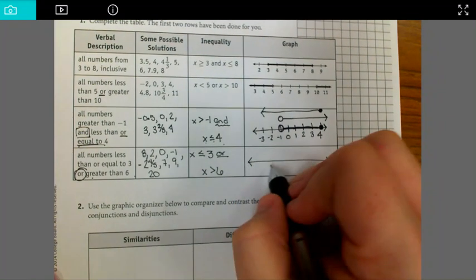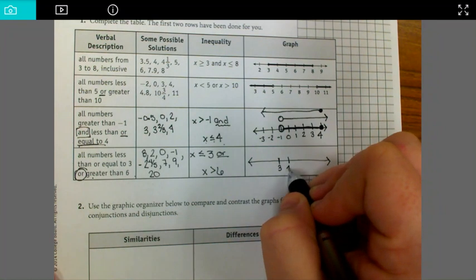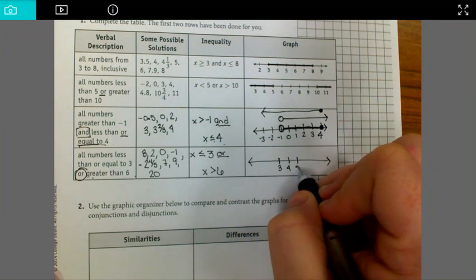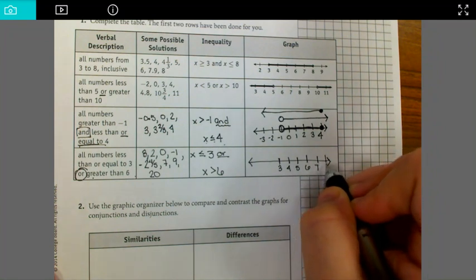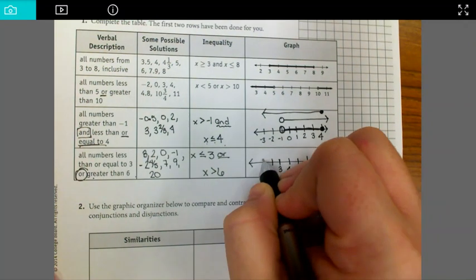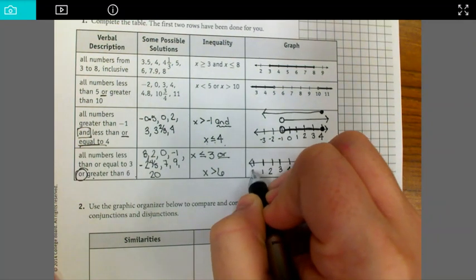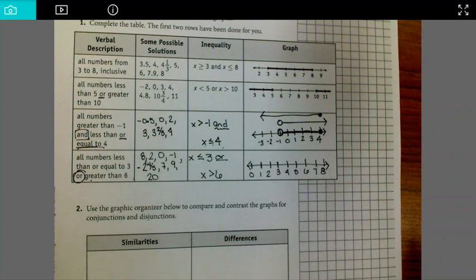So I got some key numbers I need to put on here. We're going to have 3, got to go 4, 5, 6, we'll go 7 and 8. Here I'm going to do 2, 1, and 0. Okay. Now, because it uses the word or, it can be either this or that, right?